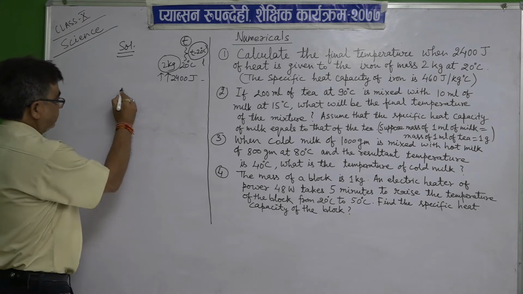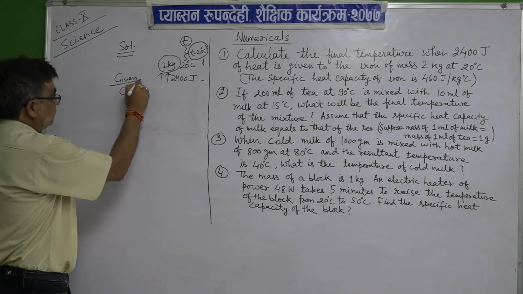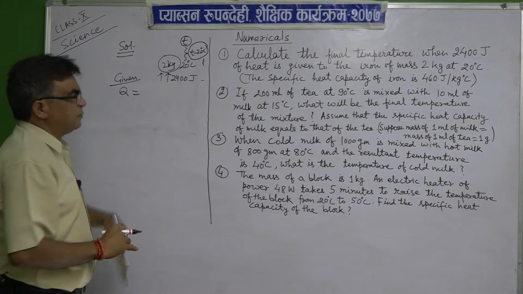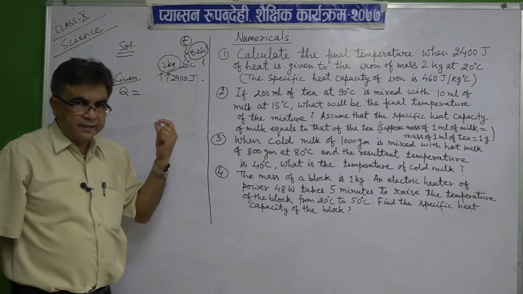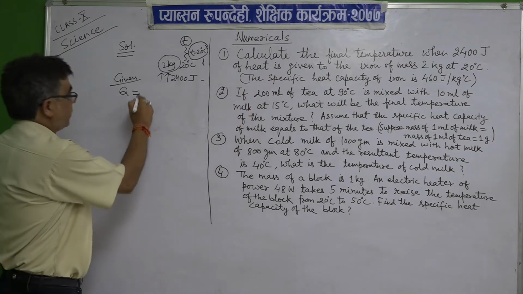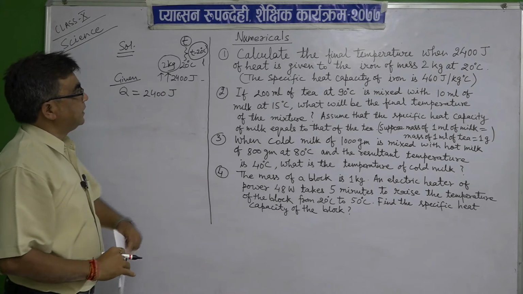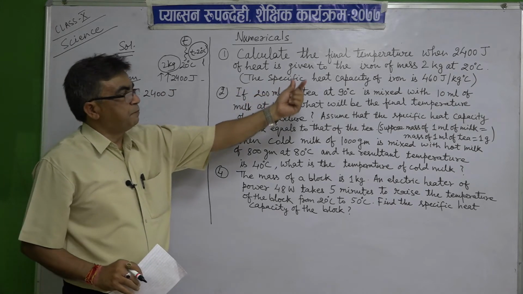So, we know what is given. Given is your Q. Heat means Q. In the heat equation, we write it as Q: 2400 joules, to the iron of mass 2 kg.